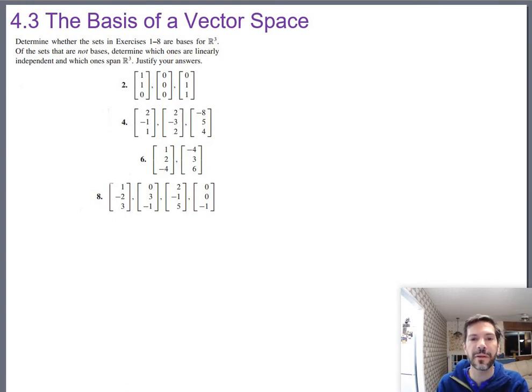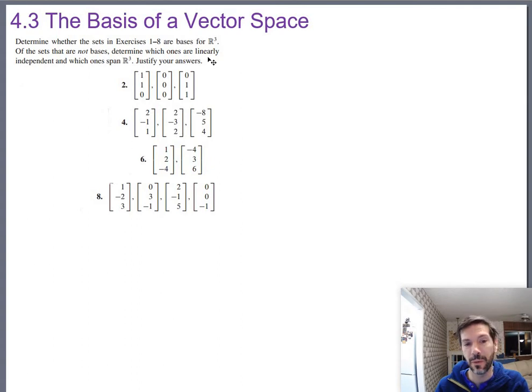Just wanted to start with 2, 4, 6, and 8 here. Rather than talking about a span, they're talking about a known vector space, R3 in this case. So they're just saying which of the sets from 1 through 8 are bases. The plural of basis, by the way, is bases, with an E instead of an I, for R3. And again, this is a reminder that a basis isn't unique.